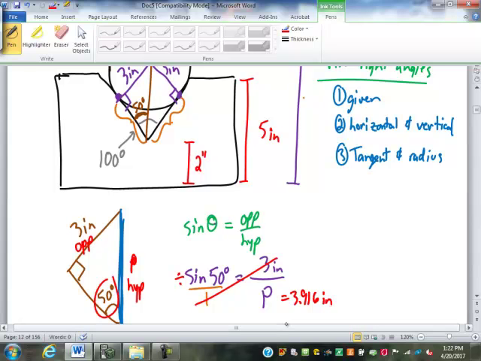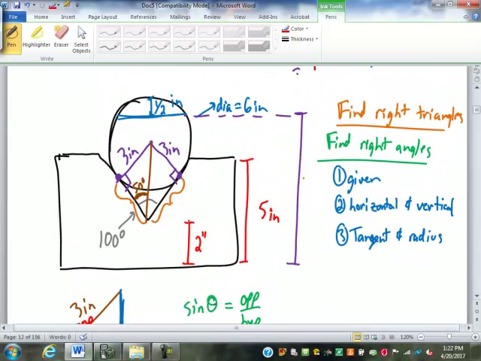Okay. So what this is telling us is that from here to the center of that circle is 3.916 inches. How far is it from here up to the top of the circle? No, from here to here would be 3, just the radius, right? So from here to there is how far? 2.5, right?